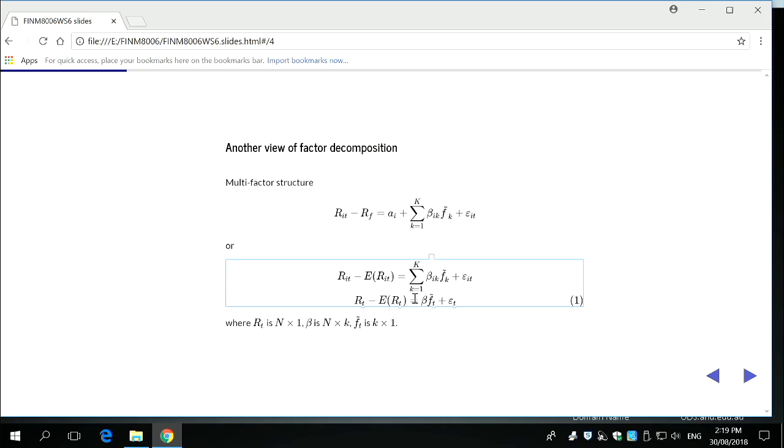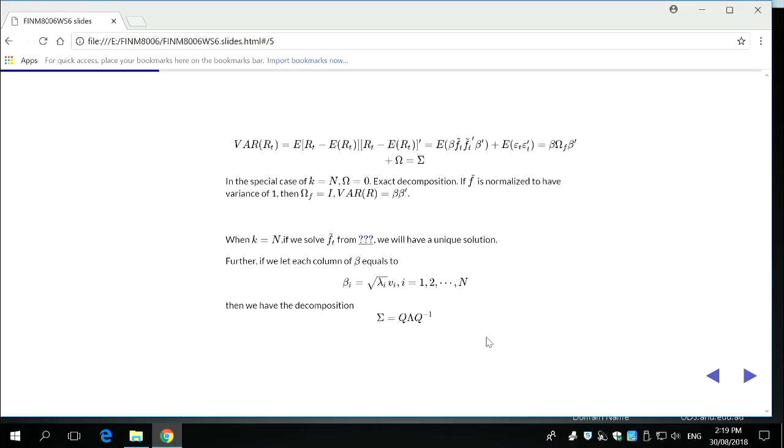We know beta, so we can just solve for the n f's. So this will give us the exact solution for f. Right. So what is the beta?